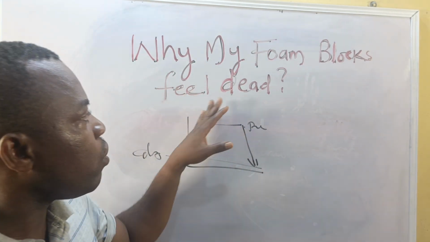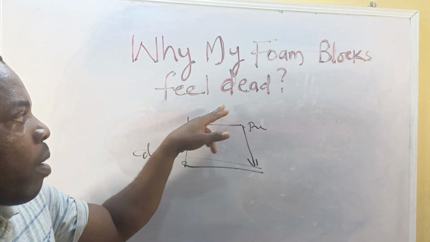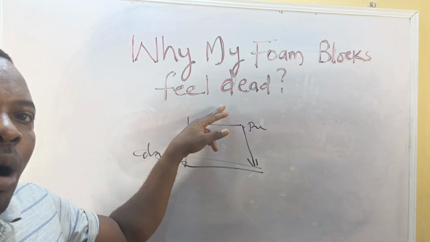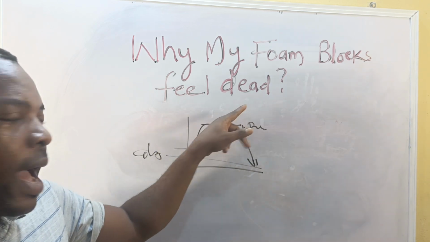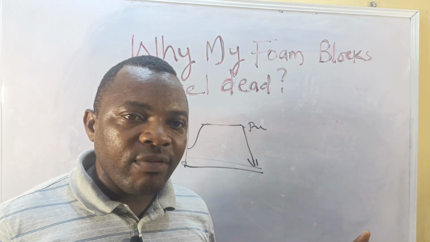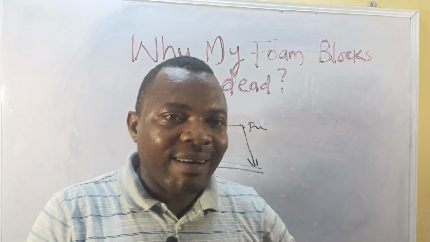So to correct this, you have to cool down the temperature. You have to balance the polymerization reaction by not allowing it to occur too early. And what is that? You drop your catalyst to a certain level. For batch foam, you step it down gradually.